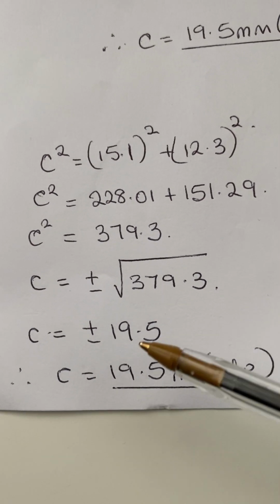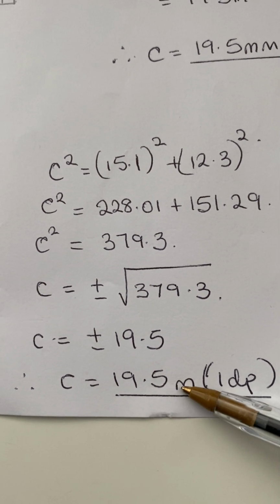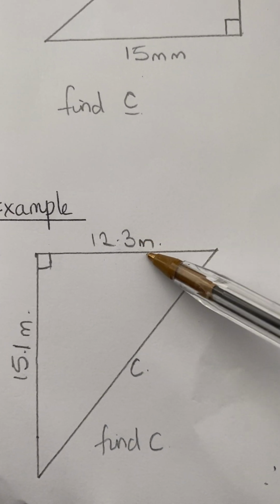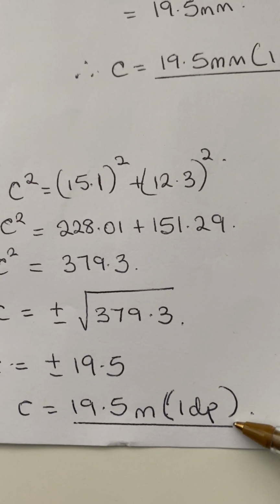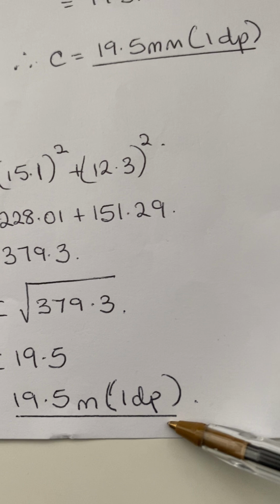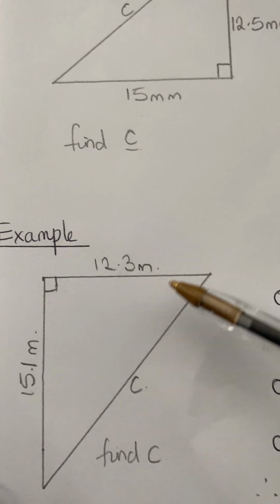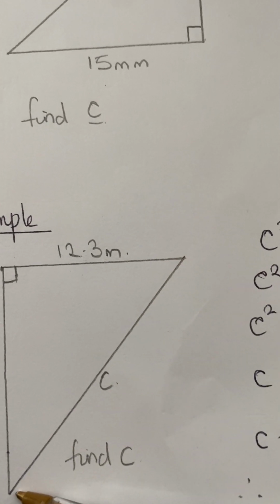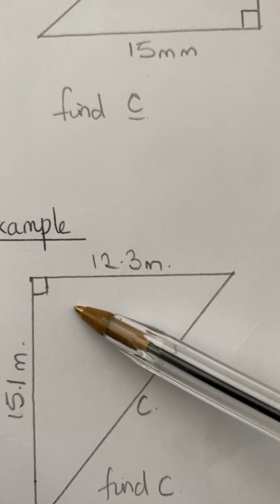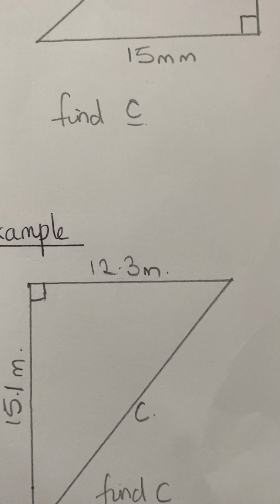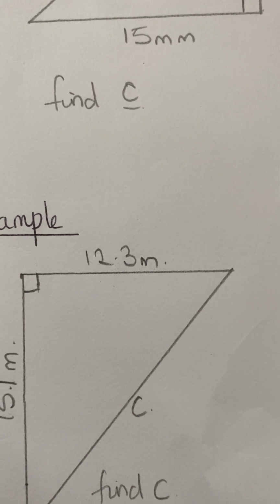So C now will be 19.5. What unit? Meters, to 1 decimal place. So that is how we find the C part, the side opposite the right angle, using our Pythagoras theorem, c squared equals a squared plus b squared.